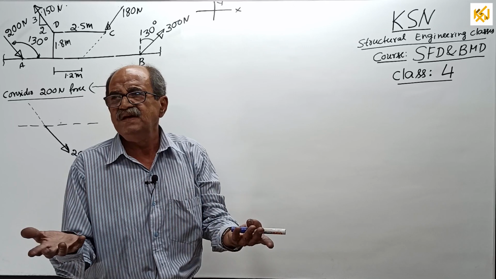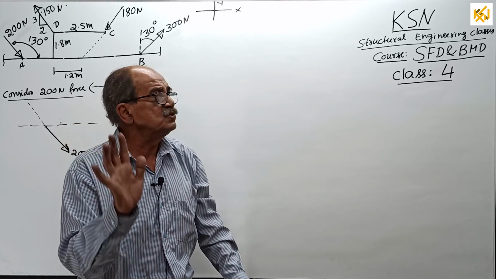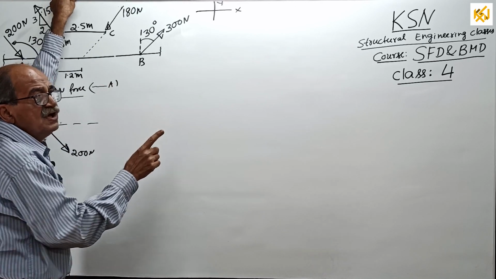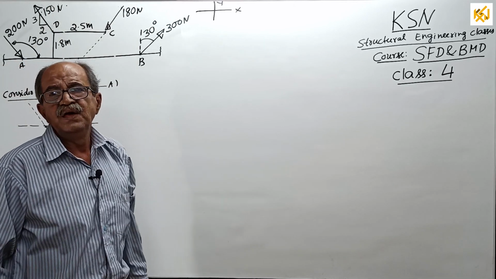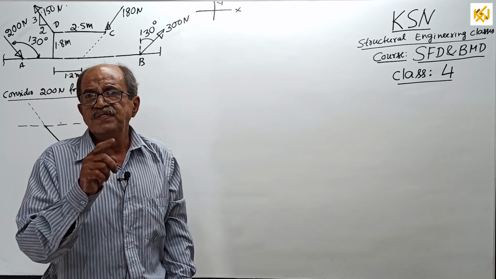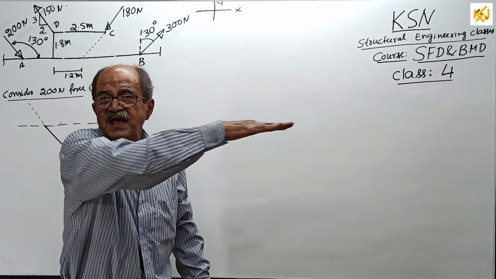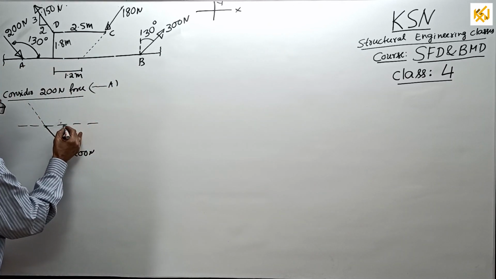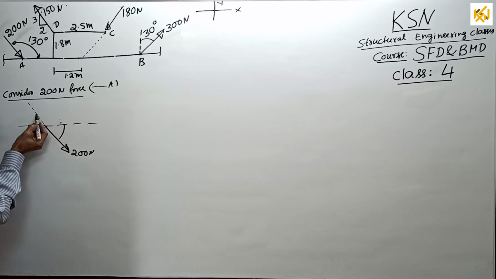There it has some other meaning. So when you are resolving a force, from now onwards, always consider the angle the force makes with the nearest x axis, and it should be less than 90. We want this angle. That angle is nothing but this angle.